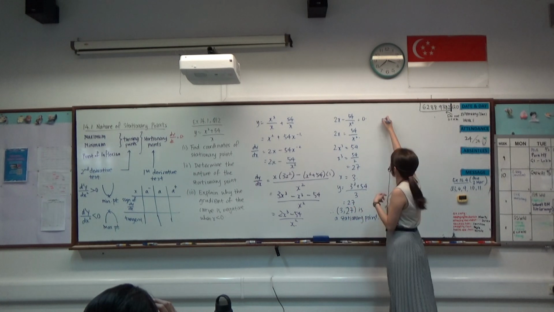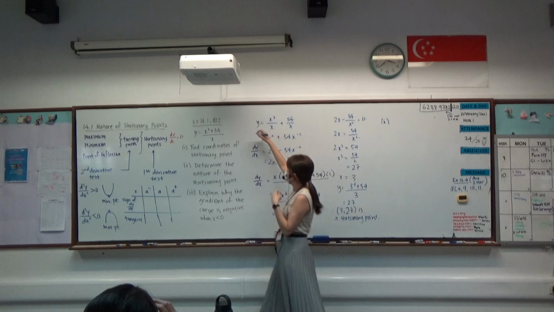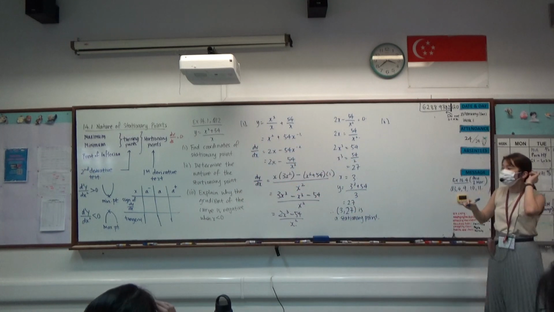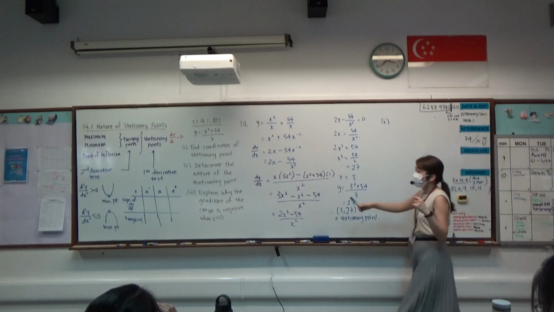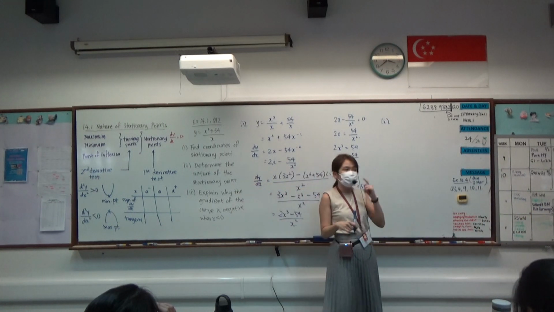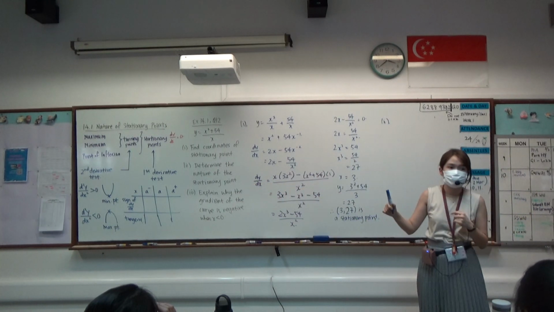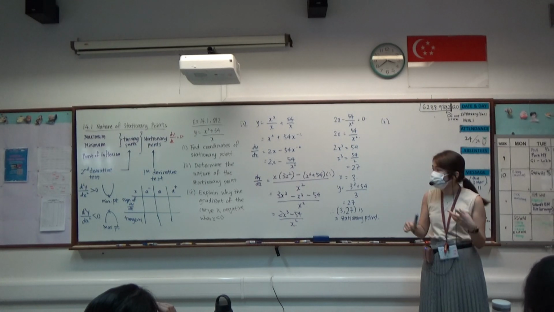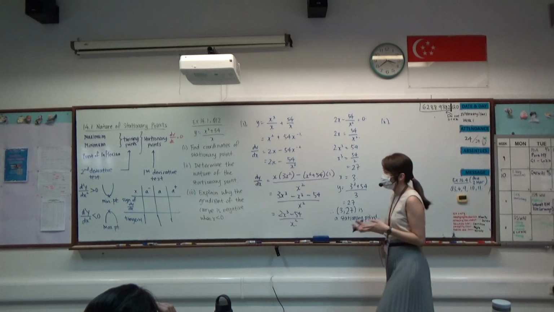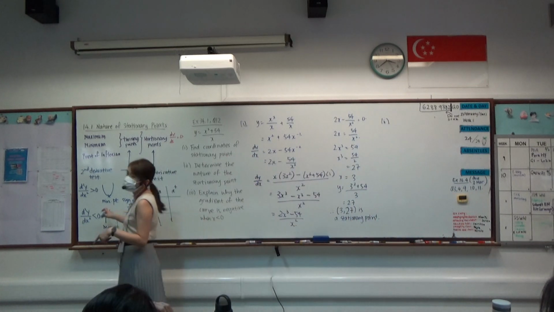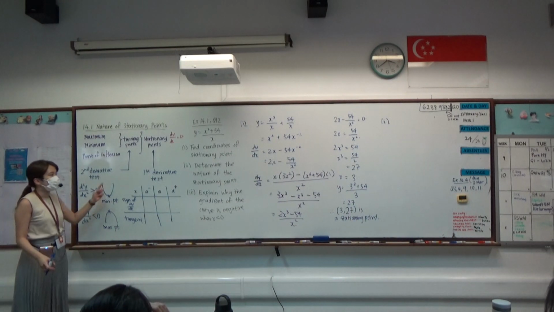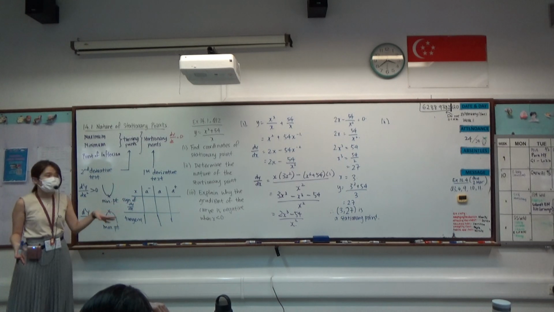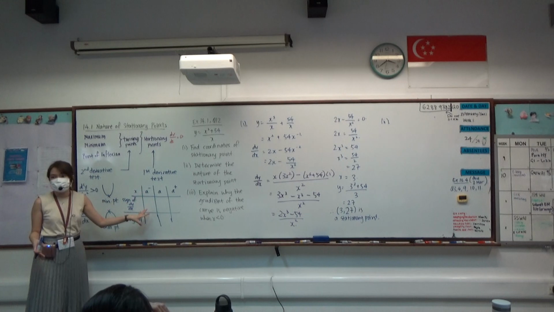Now earlier on, before you started the question, you asked me whether, for the nature of the stationary point, I can just directly do the first derivative test without doing the second derivative test. You definitely can. If you don't want to do the second derivative test because when the second derivative is equal to 0 you still end up having to do the first derivative, you can go ahead and do the first derivative test only.